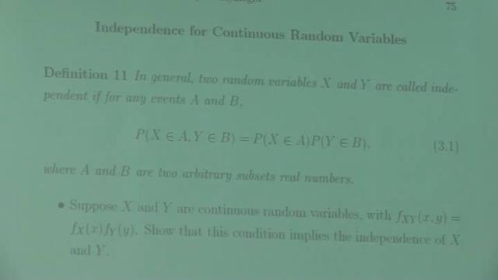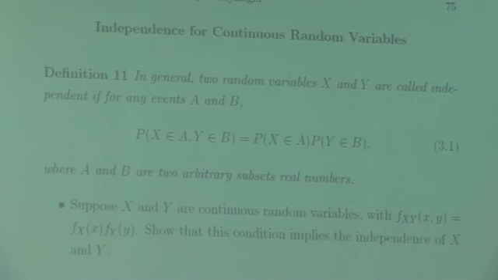Now, in the case where x and y are continuous random variables, they have densities and a joint density. So, suppose x and y have the joint density f x y of x y, and that joint density breaks up into the product of marginals. Show that this condition implies the independence of x and y.